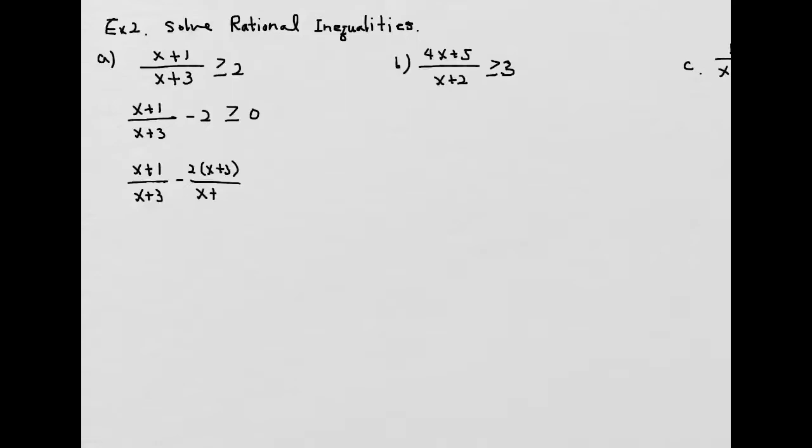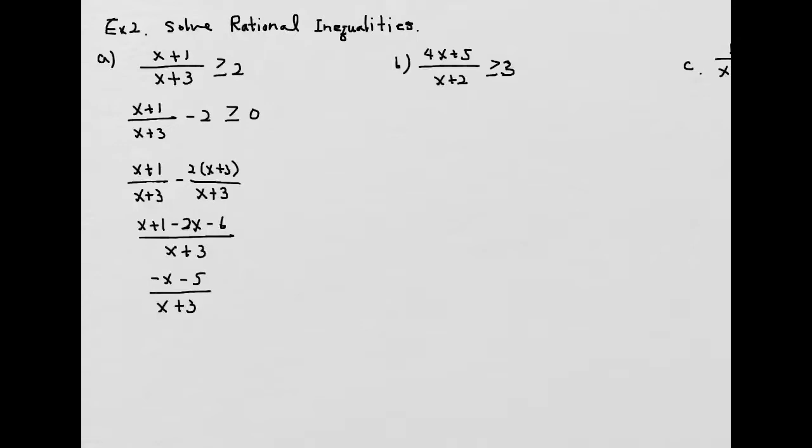So you're multiplying numerator and denominator by x plus 3. Then you end up getting on the numerator x plus 1 minus 2x minus 6, all over x plus 3. And then when you simplify your numerator, you get negative x minus 5 over x plus 3.